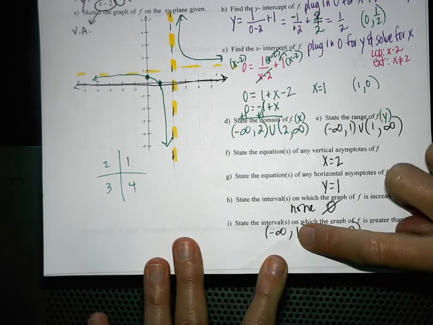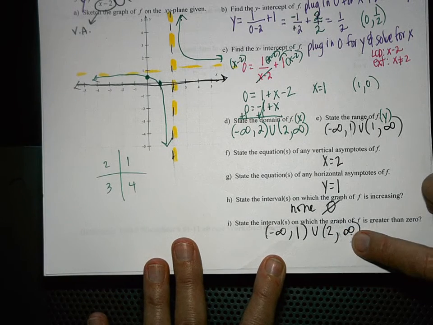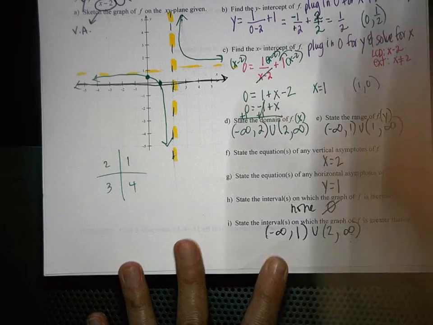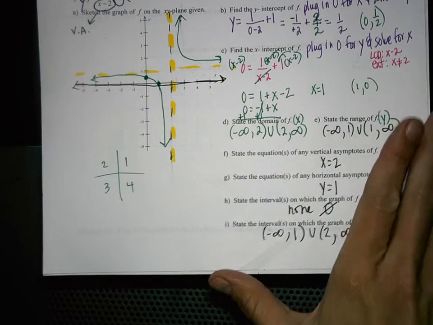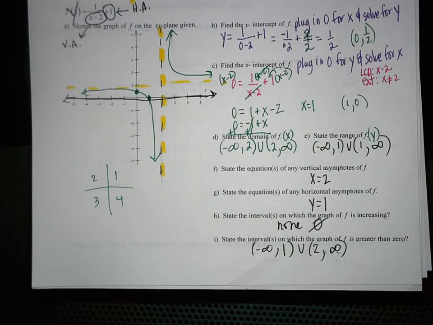Negative infinity to 1 and also 2 to infinity because it starts up again. This is still above 0. Okay. Ask me any questions about this problem. Anything that you're like, I still don't understand where you got that number.